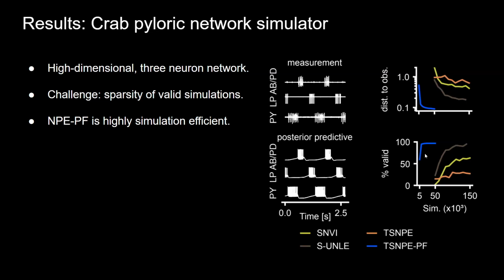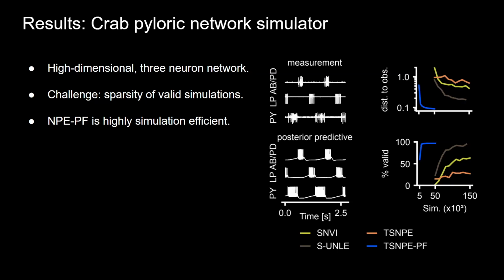You can see this blue line already beats the other methods with a lot fewer simulations. It's also quite easy to use. The other methods have to retrain every round, and here we just evaluate.